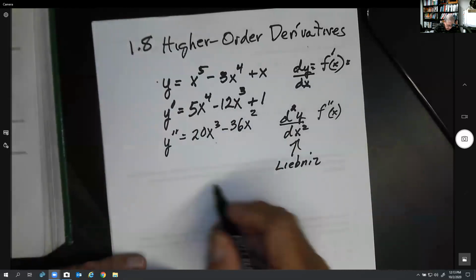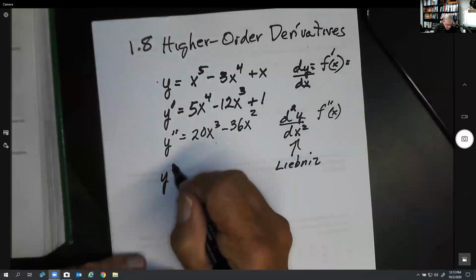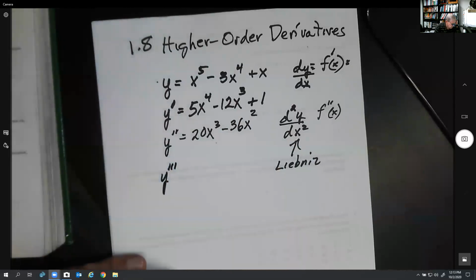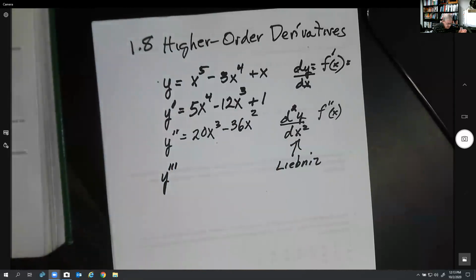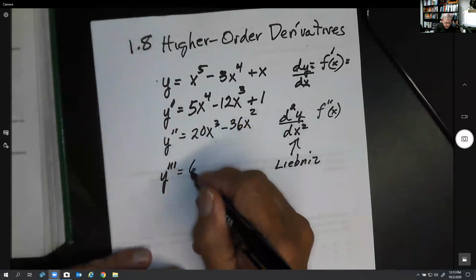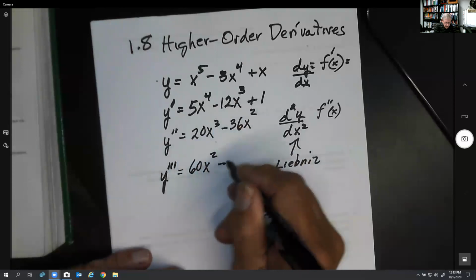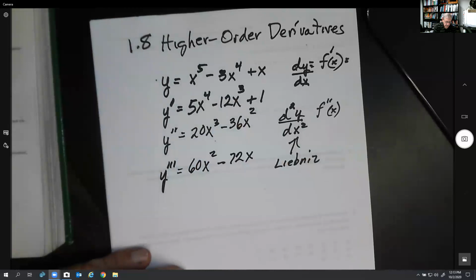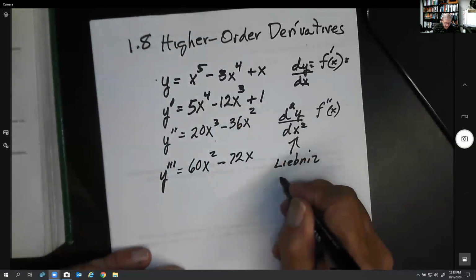Let's take the third derivative. So we could put a little 3 up here. Sometimes they do that, or they just put a 3. If you keep getting higher and higher, then you probably want to put some number. This would be 60x squared minus 72x. And again, we would show this in Leibniz notation.